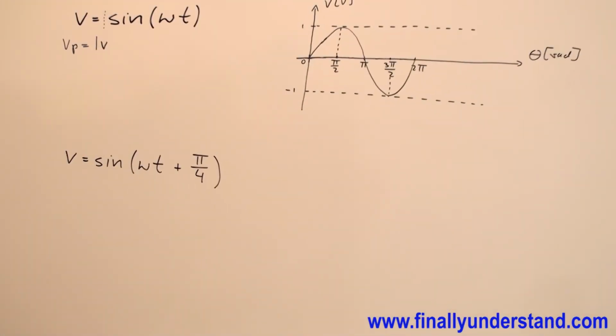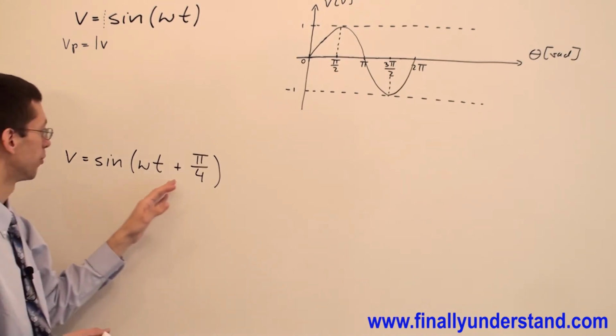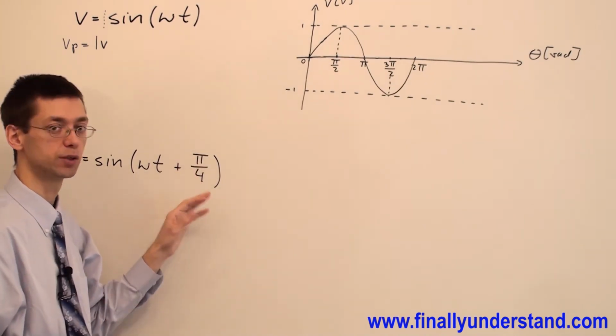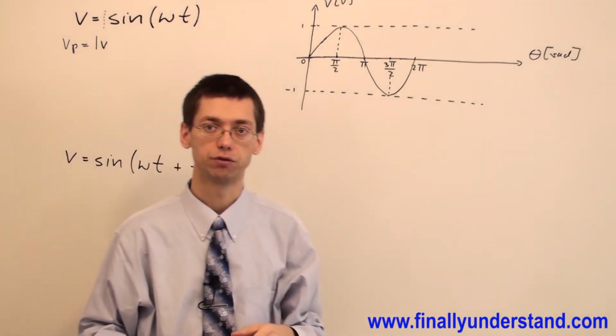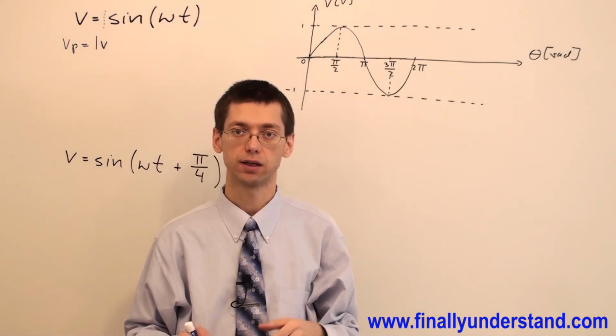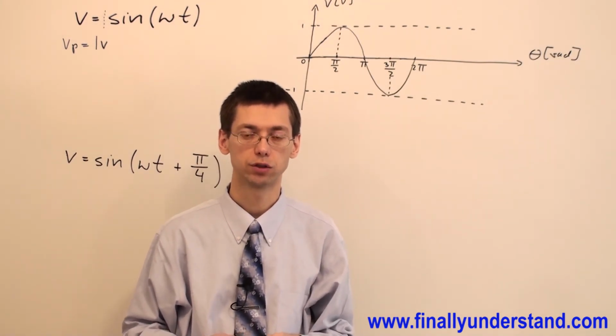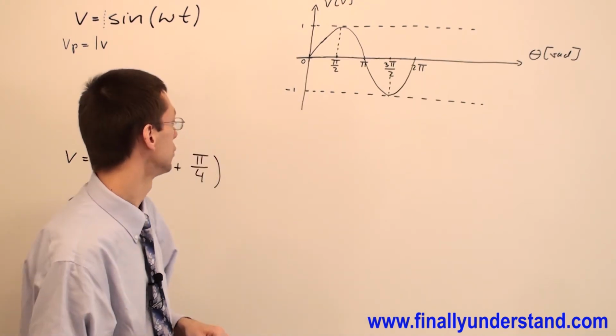Let's take a look at the second example. And please notice that the difference between the first expression and the second one is just pi over 4. It means that the answer for the second problem is going to have exactly the same shape as the first one, but is going to be moved to the left side.